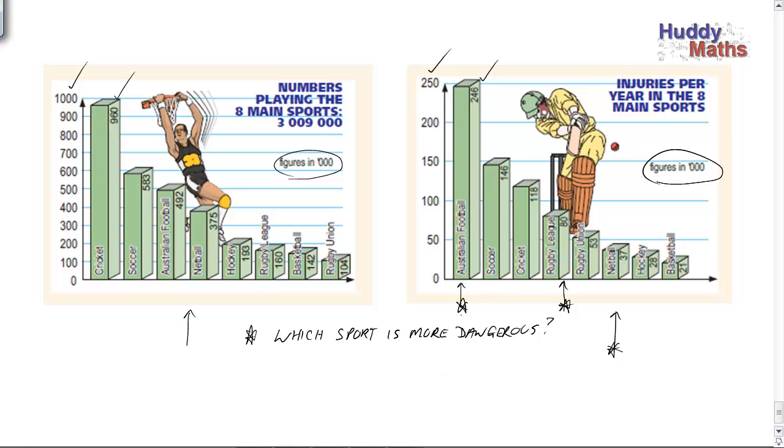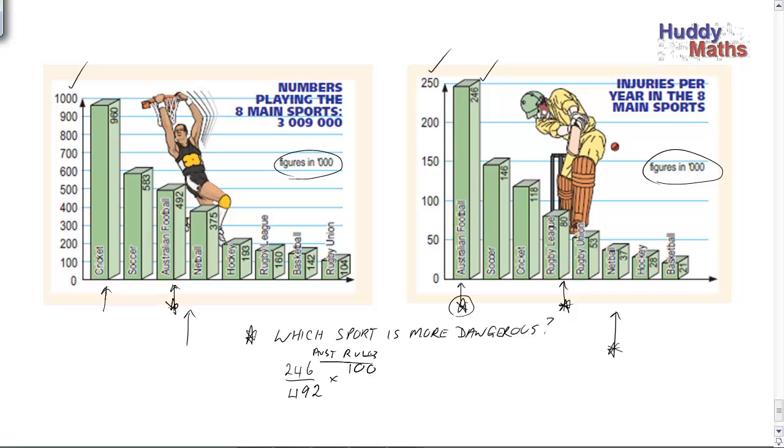Let's look at Australian rules football here. There's 246 injuries out of, where is it here? Here it is. I thought that was still the same one. So it's not Australian rules football there. Here is Australian rules football, 492. So it's 246 out of 492. I nearly compared the end one there, which was cricket.